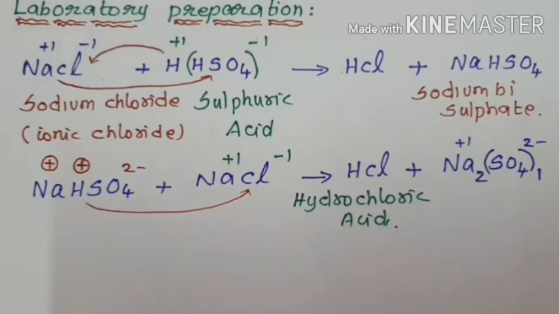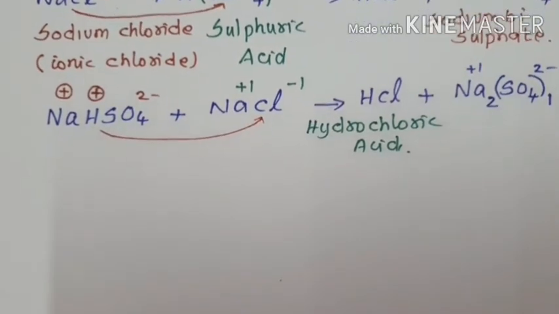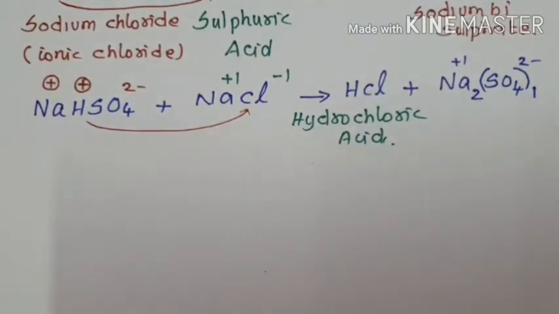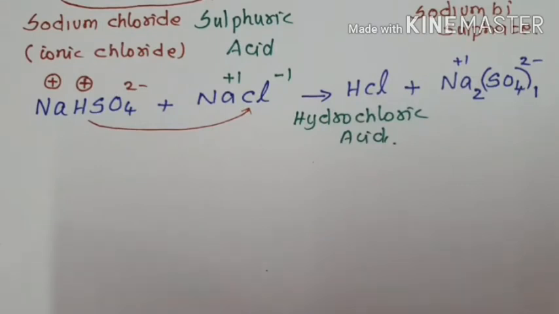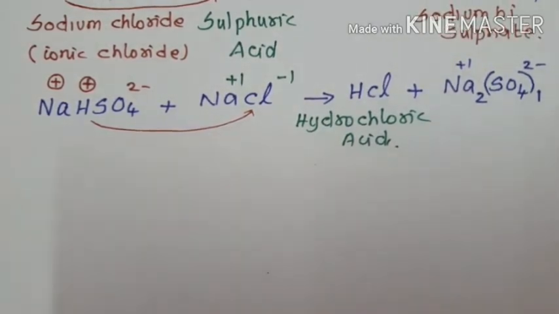When we study the properties of hydrochloric acid, remember how HCl acts as an acid. According to the Lewis concept, an acid is one which accepts a pair of electrons. According to the Arrhenius concept, an acid is one which on ionization produces H plus ion.